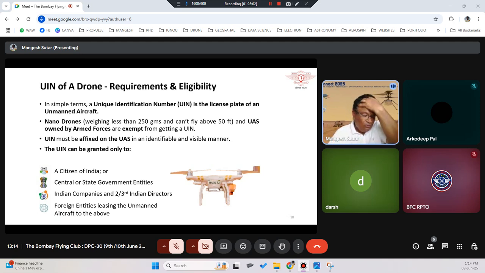Even if they are leasing it, that drone has to be registered. Suppose I take a drone on lease from Israel and I am using that. Then Bombay Flying Club has to register that drone for that period. It may be for a period of 1 year, but I have to register that drone in my name. Then only I can use it.